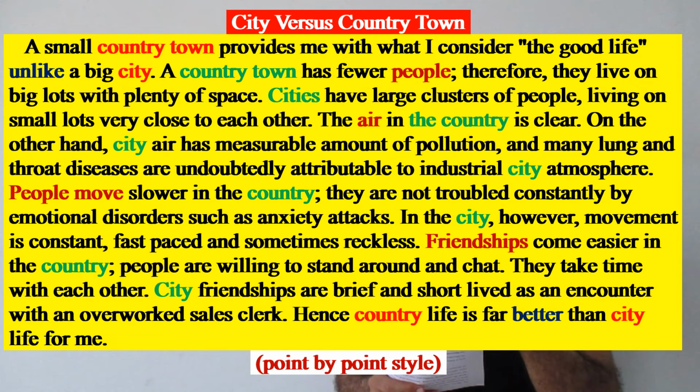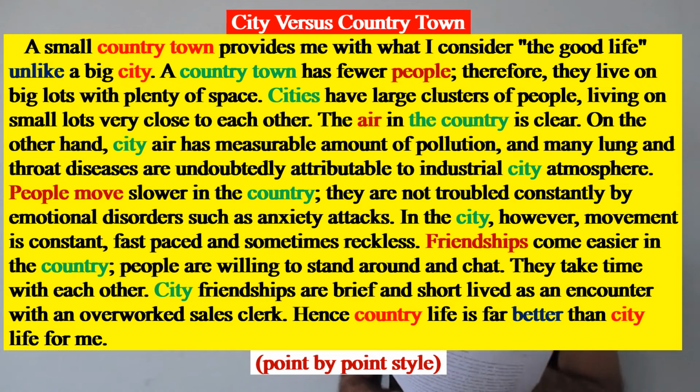I have "unlike," my controlling idea, and also the word which shows the purpose of the writer. As he uses "unlike," it means he will speak only about the differences between country town and city. Only about differences, not similarities.